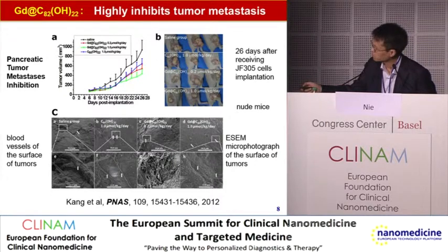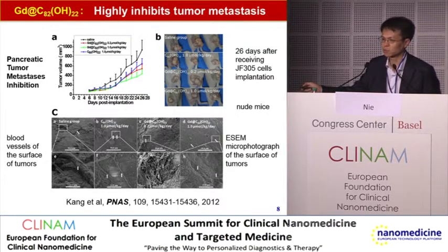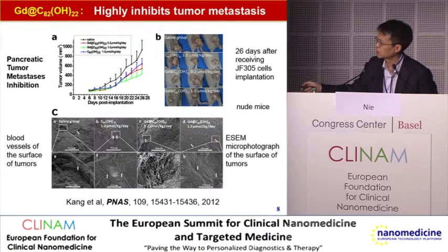We also see such effects with the so-called environmental SEM of the surface of the blood vessels. You see a lot of blood vessels in the untreated groups, but far fewer blood vessels on the surface of the treated tumor.